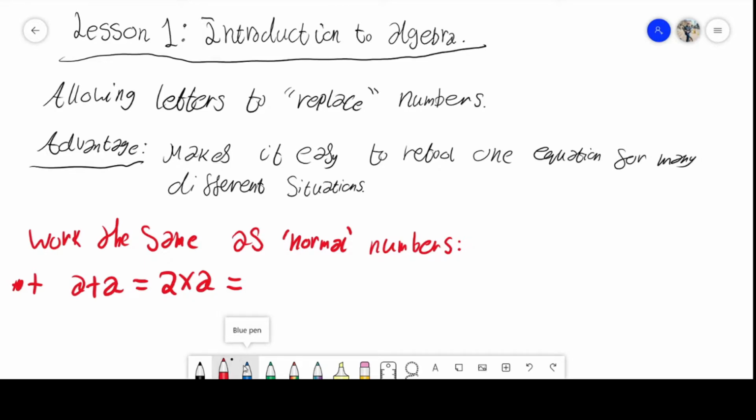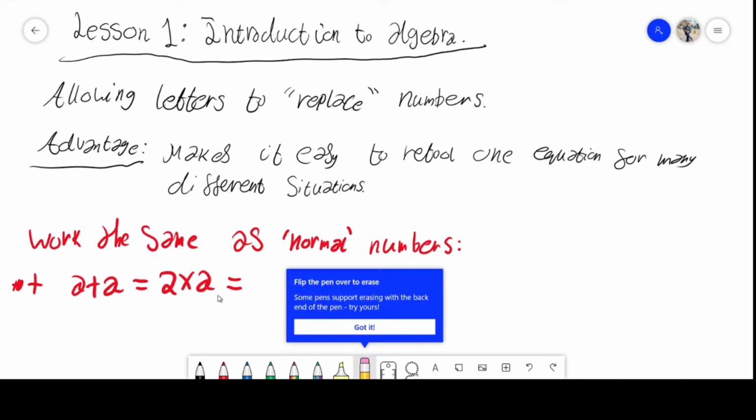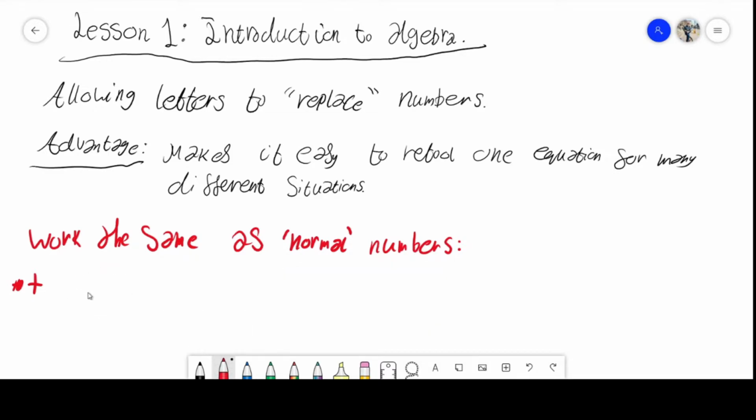So in fact, allow me to just erase that for simplicity's sake. So let's go for a different letter. I've just realized that's probably not going to make things very helpful. So let's go with instead, let's go with B. So we have B plus B is equal to 2 times B. And algebraically, we're allowed to simplify this, just read as 2B.